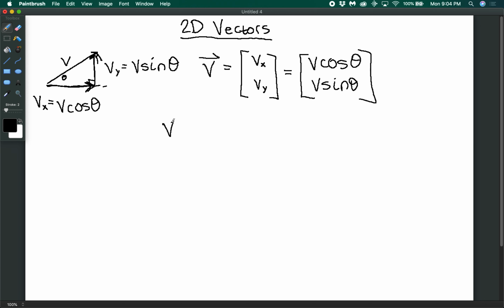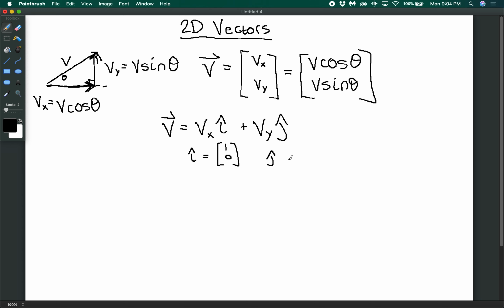I can also write the vector v as a sum of vx times i hat plus vy times j hat. What are i hat and j hat? They're called unit vectors. Unit vectors are vectors that are length 1. These i hat and j hat vectors are very special unit vectors because i hat points entirely in the x direction, so it is the vector 1, 0.